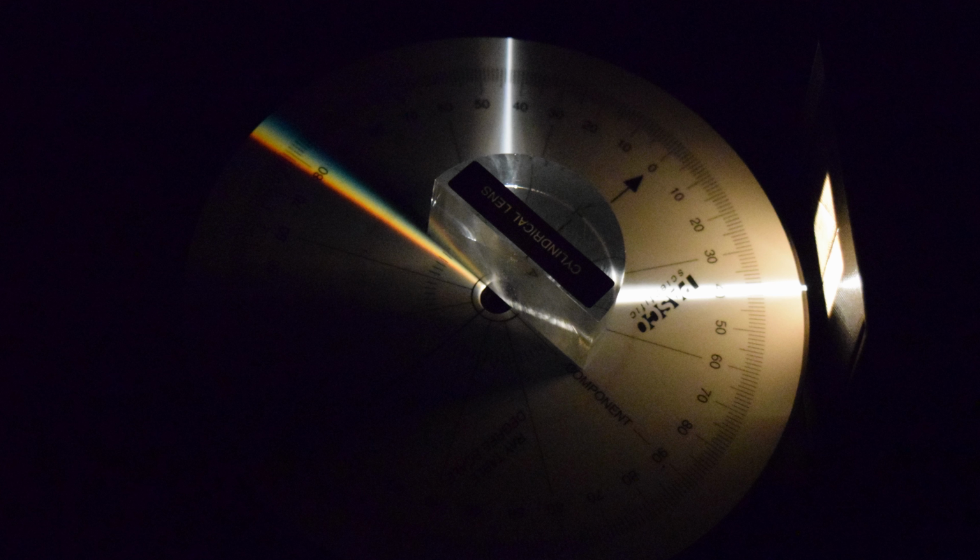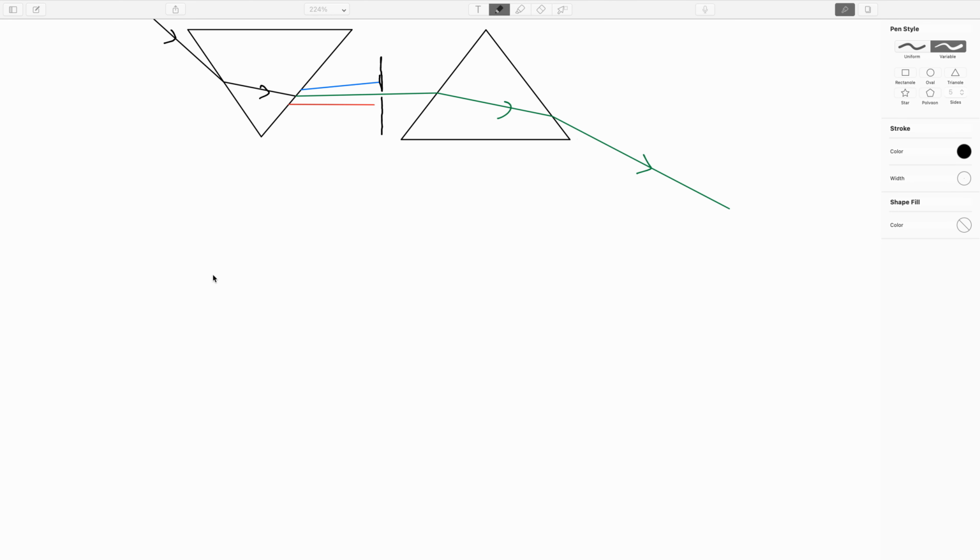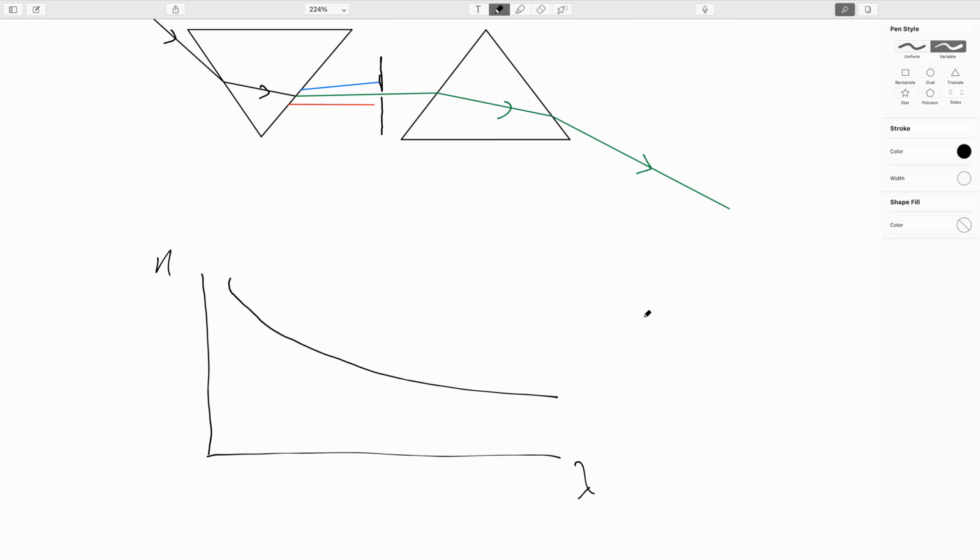This turns out to be a general property of materials. If you plot the index of refraction of a material as a function of wavelength, what you find is that it's not a constant, but it actually decreases with increasing wavelength, or here, as wavelength decreases, the index of refraction would increase.